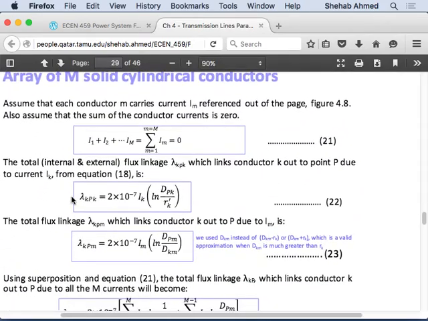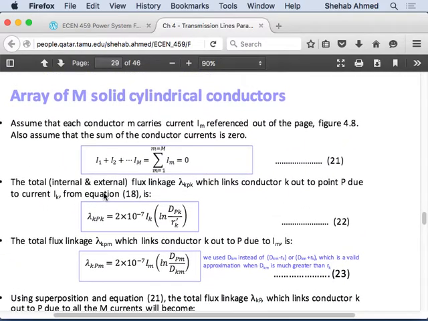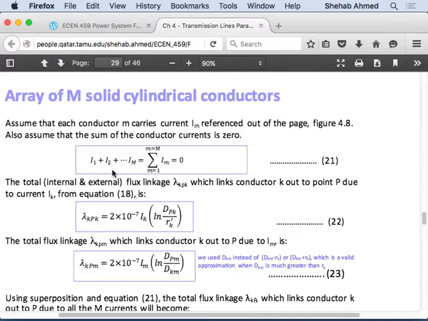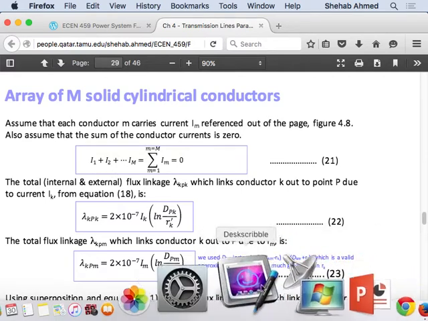Here is another interesting quality, and this will matter when we look at three-phase. Consider the sum of all the currents in a three-phase transmission tower.